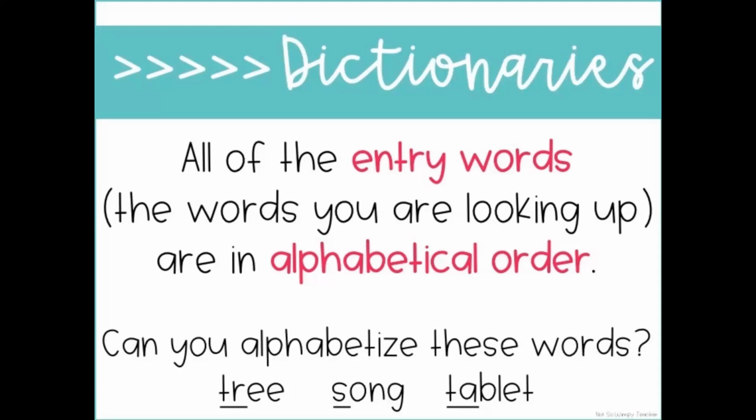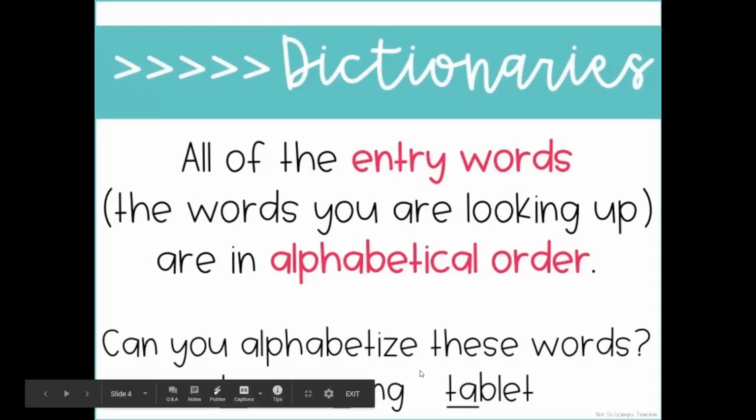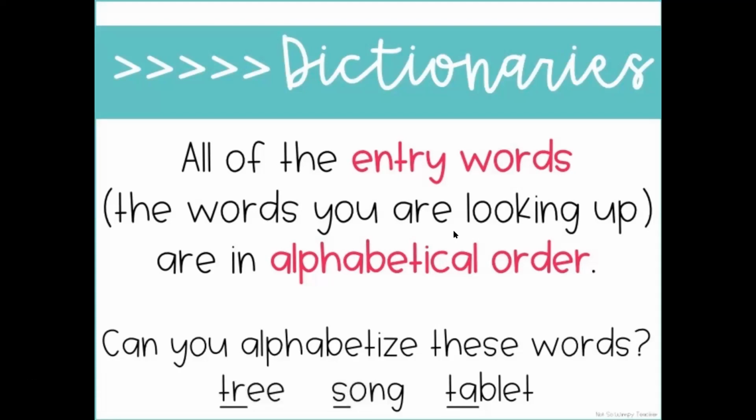But then we have two words that start with T. So that means when we're looking for which one's going to go next, we're going to look at the second letter. So if you look, you can see the R and the A. The R, TR, does R come before A or does A come before R? You have to decide which is the first one there. Well, we know A is the first letter of the alphabet and it comes first. So it would be song, then tablet, and then tree. So song, tablet, and then tree.